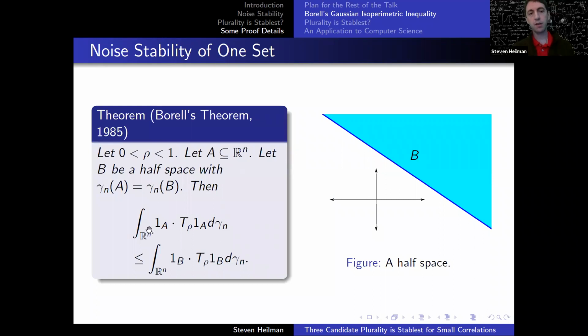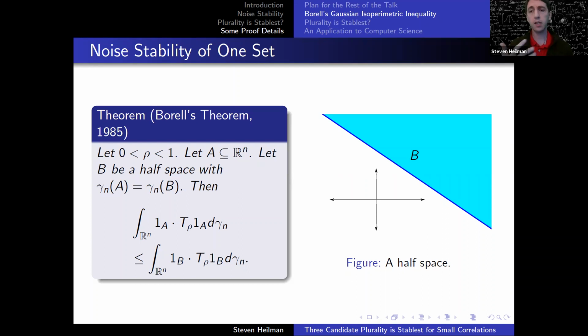I just copied the statement from the previous page, and I'm drawing what I mean by a half space. It's everything on one side of a hyperplane. So another way of stating Borell's theorem is that a half space holds its heat in the best.